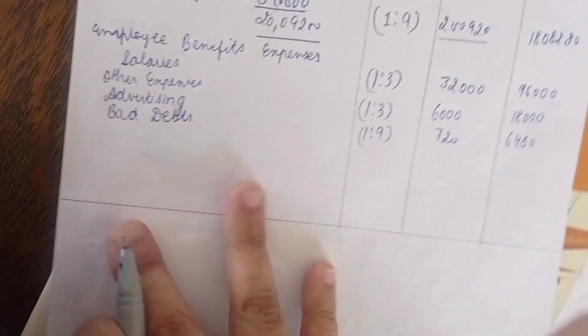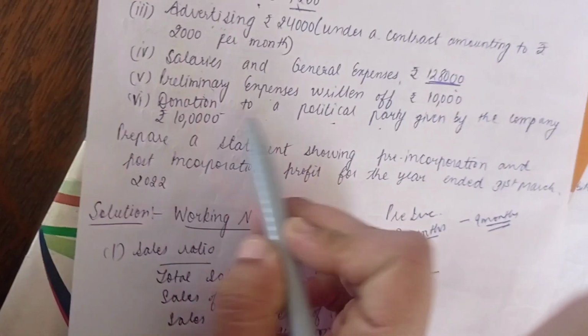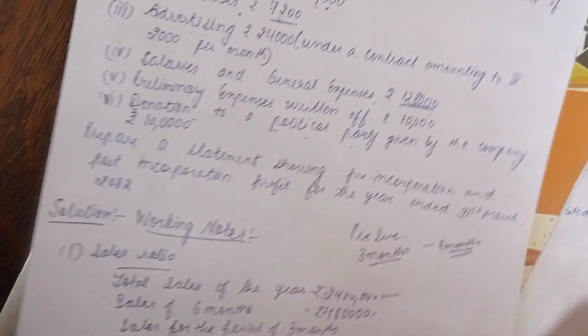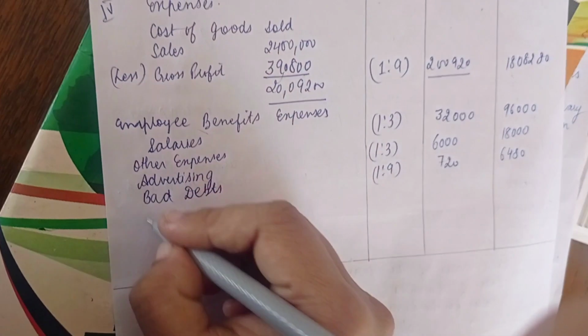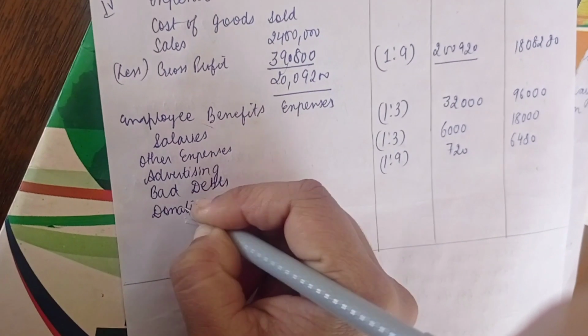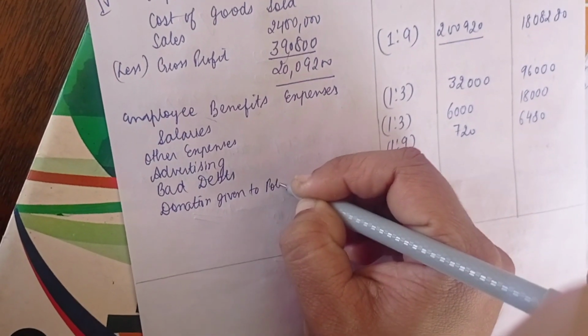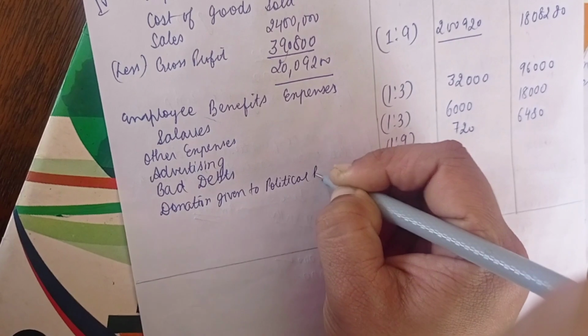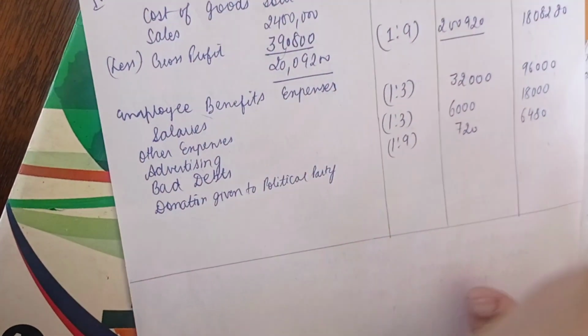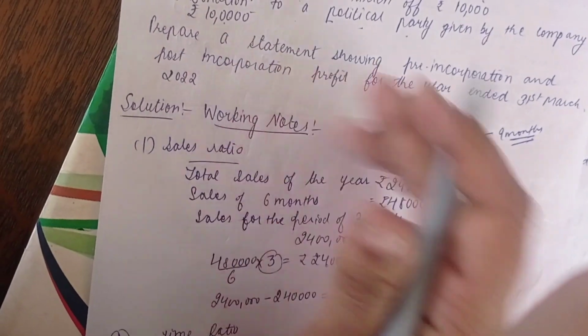Now, next is donation to a political party. Donation is 10,000 rupees.